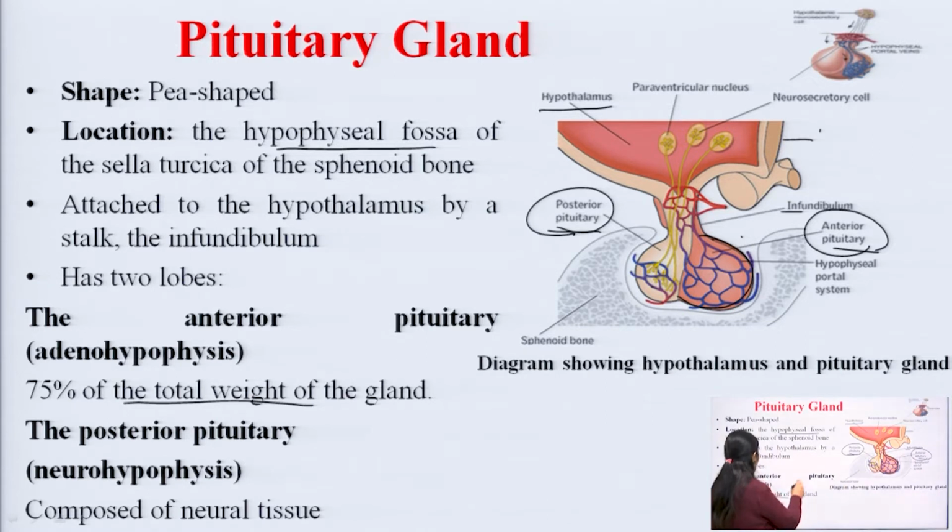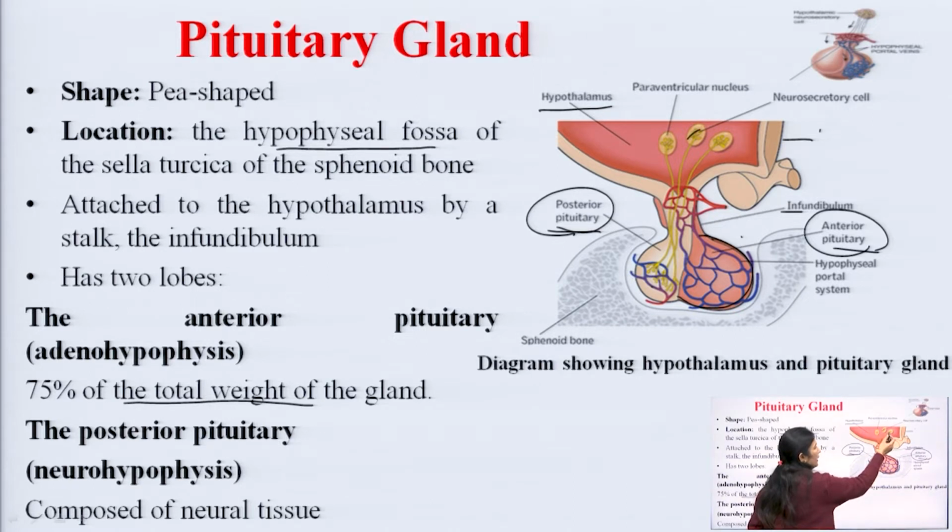So, pituitary has 2 lobes, anterior pituitary known as adenohypophysis, posterior pituitary known as neurohypophysis, and this neurohypophysis consists of neural tissue. So, you can see this is hypothalamus, these are the cell bodies and their axons, and their axon terminals are present in the pituitary, and these are the blood capillaries, that is hypophyseal portal system, through which hormones are secreted into the blood.